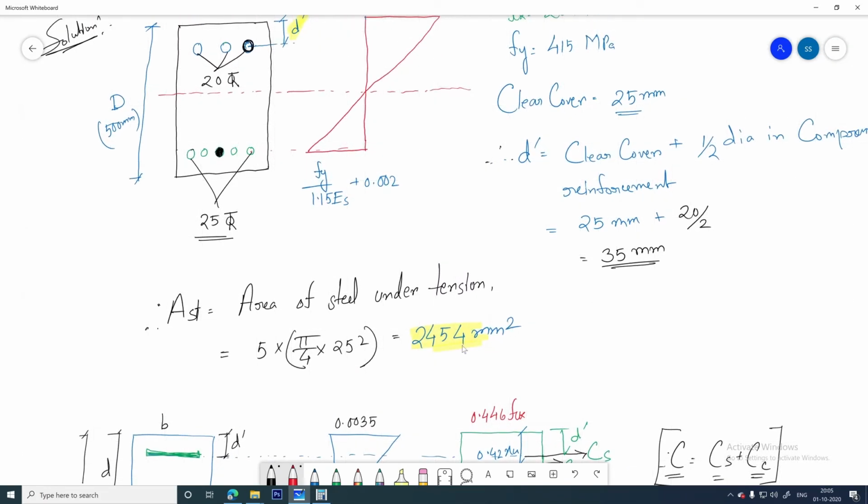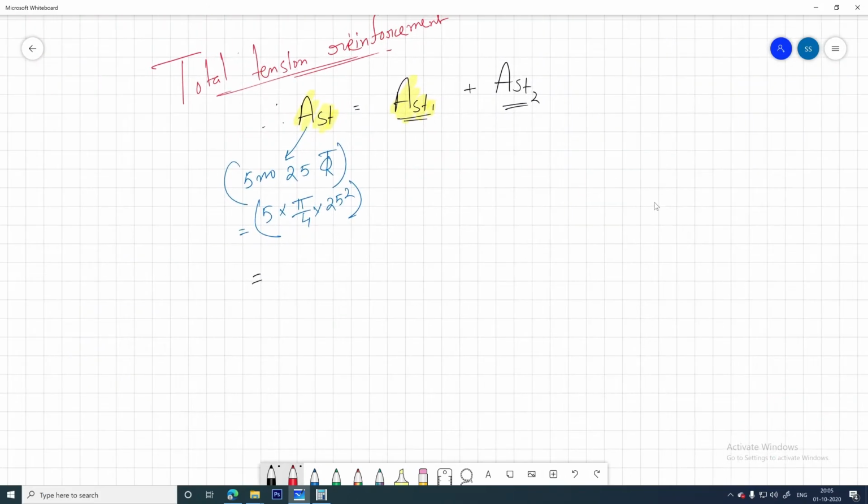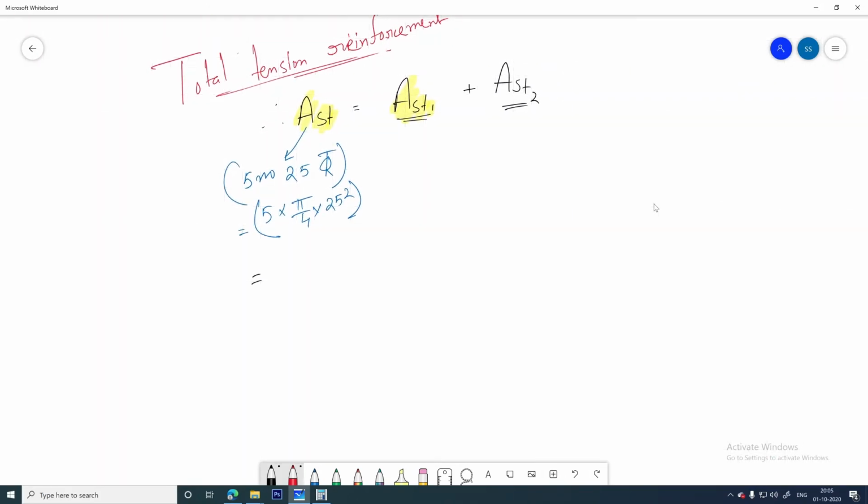Oh no, this one is 2454 millimeters square. Okay, so you can write it is 2454 millimeters square.